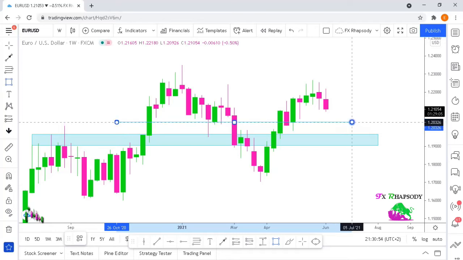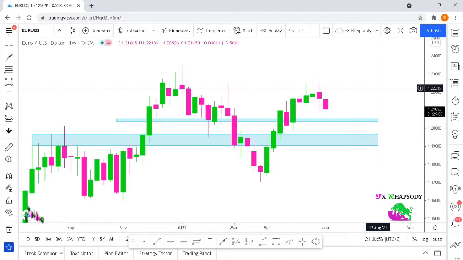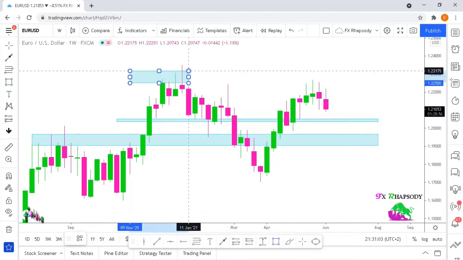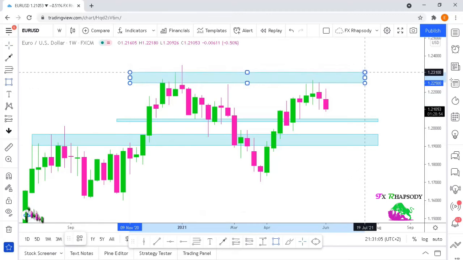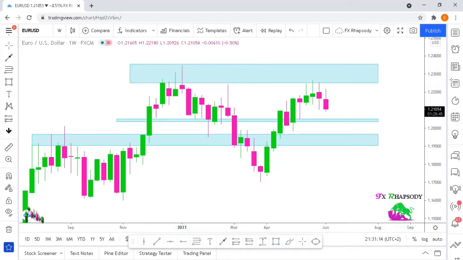Right there. Just line them up nicely. And then obviously we can go to the top and just draw that big monstrosity resistance at the top. The big area there we go.